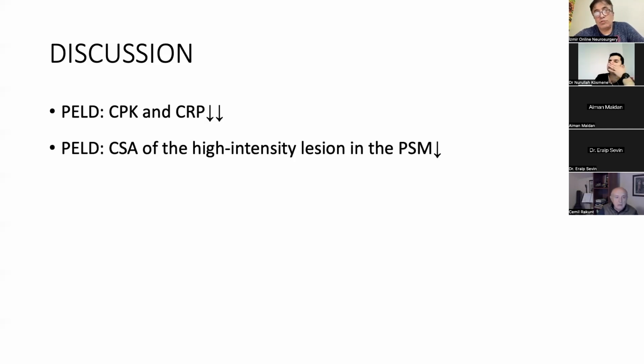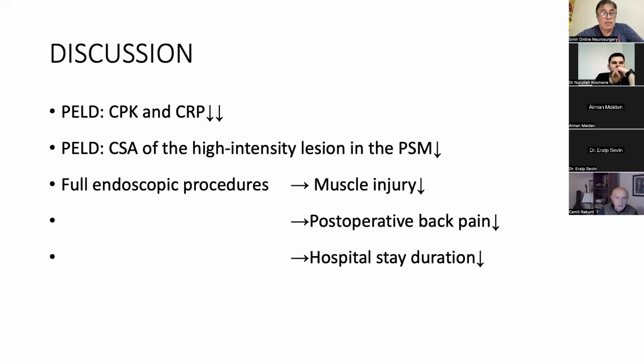Also, a smaller cross-sectional area of the high-intensity lesion in the paraspinal muscle. The results indicated that full endoscopic procedures caused less muscle injury, postoperative back pain, and duration and hospital stay.